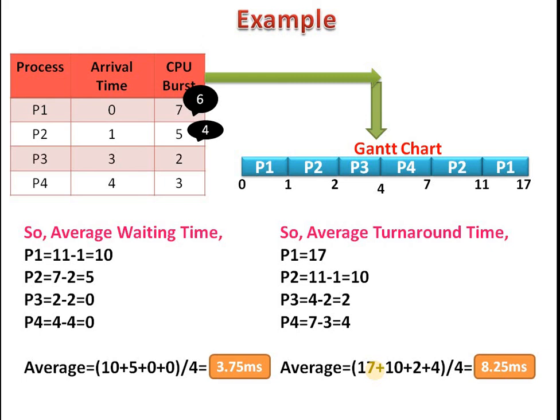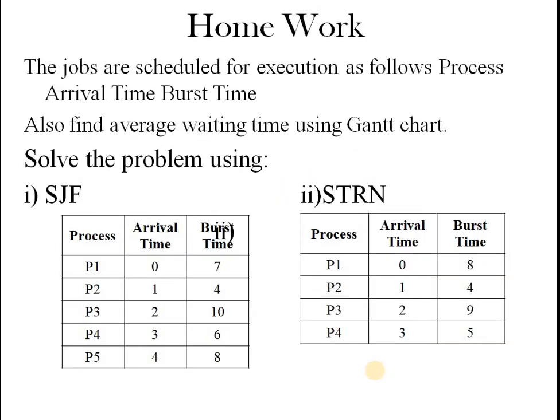As compared to non-preemptive SJF, the average waiting time of preemptive SJF is lesser. So preemptive SJF is better than non-preemptive SJF. I hope you understand the SJF algorithm, that is the non-preemptive SJF and preemptive SJF.